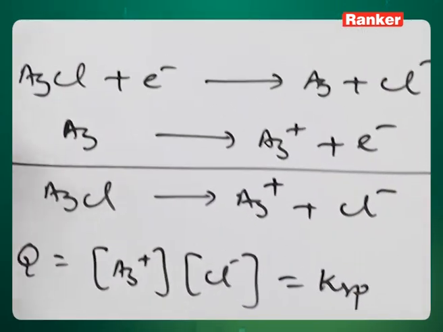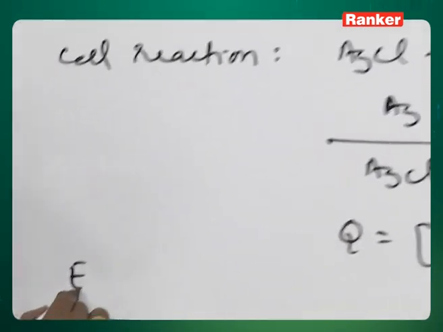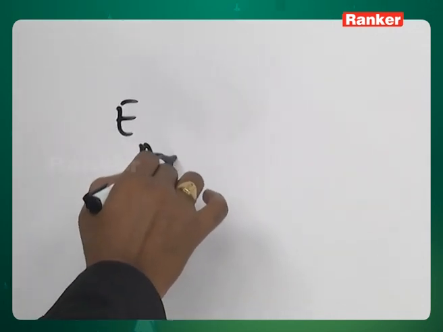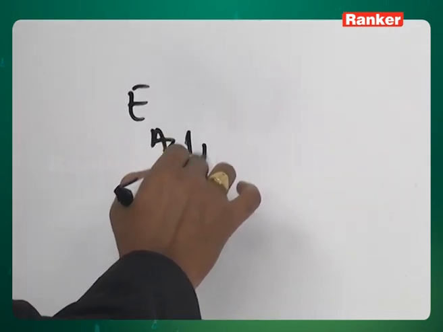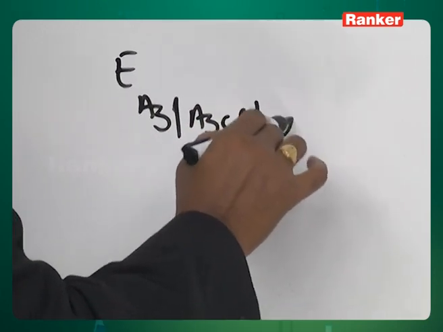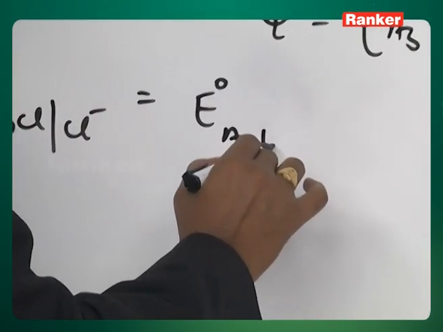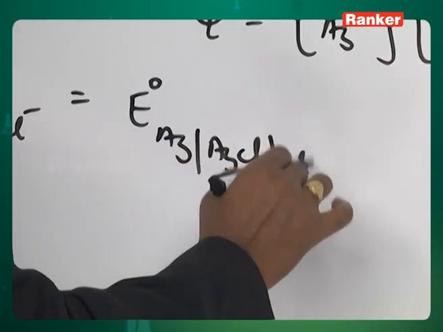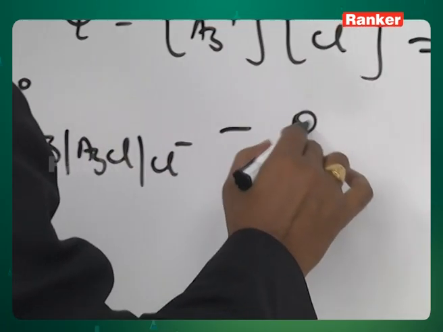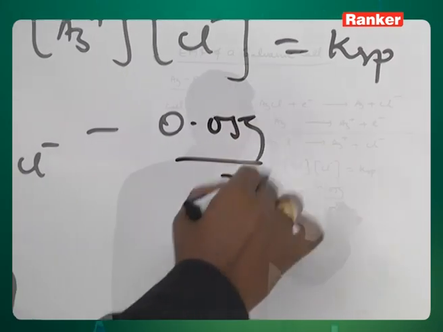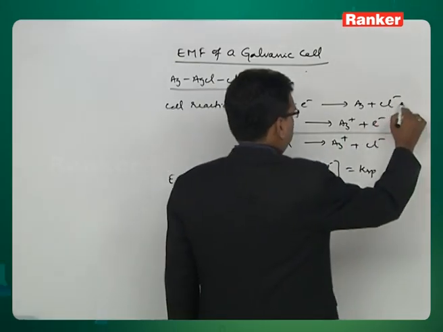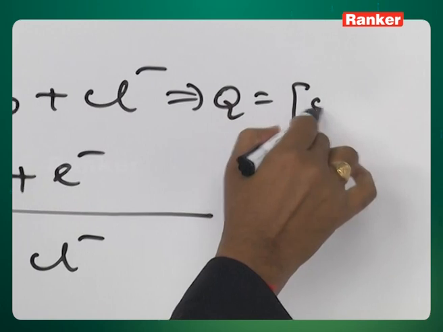Now, the two half cells separately, if you write: E of AgCl, Cl minus is equal to E naught AgCl, Cl minus minus 0.059 by n log Cl minus, for which Q is Cl minus.